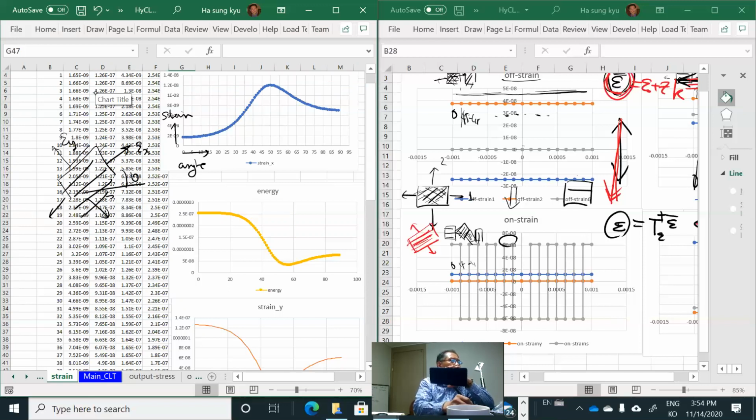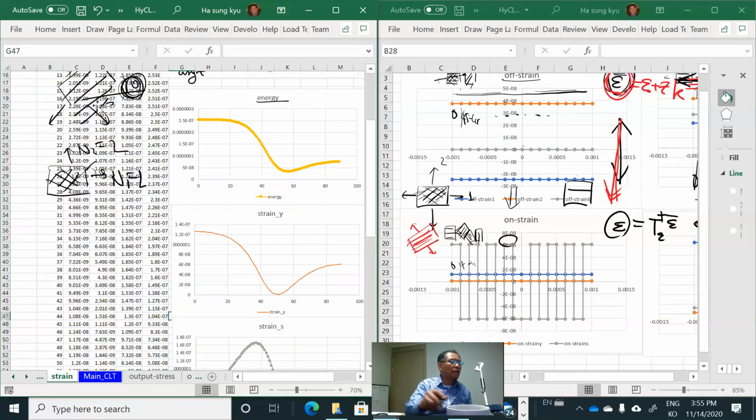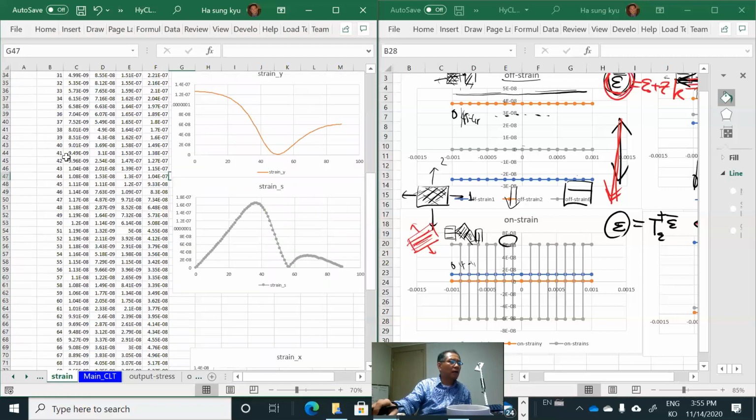So for the given load, N1 given as 1 and N2 given as 2, but we are changing this angle. We change this angle, and with this changing angle, epsilon X sometimes distributes like that along theta, right? And the strain X is like that, and strain Y is like that, and strain S is like that.